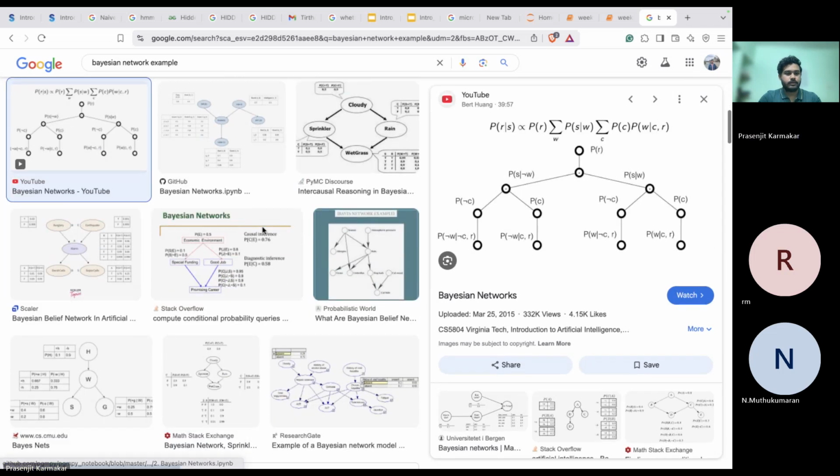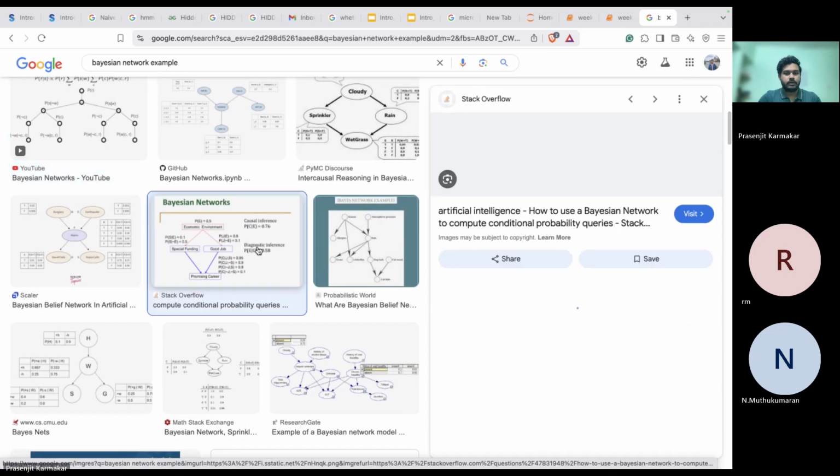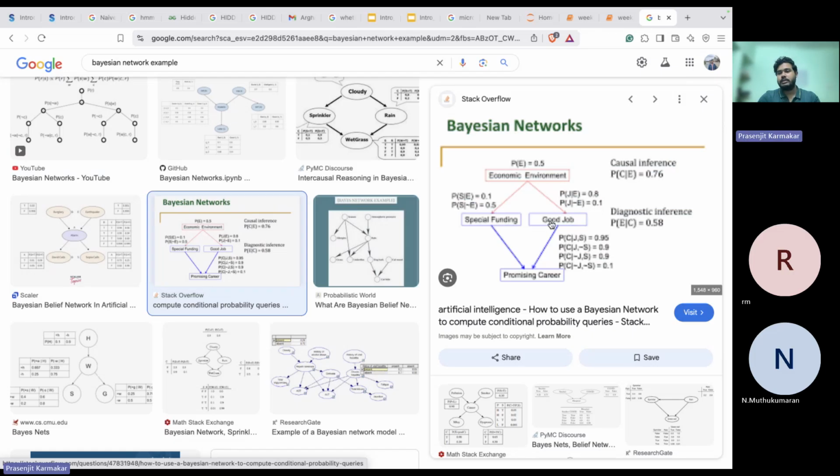Yeah, like this here, right? So economic environment, special funding, good job, promising career. So economic environment is influencing special funding and good job, and then they are impacting the promising career, right?